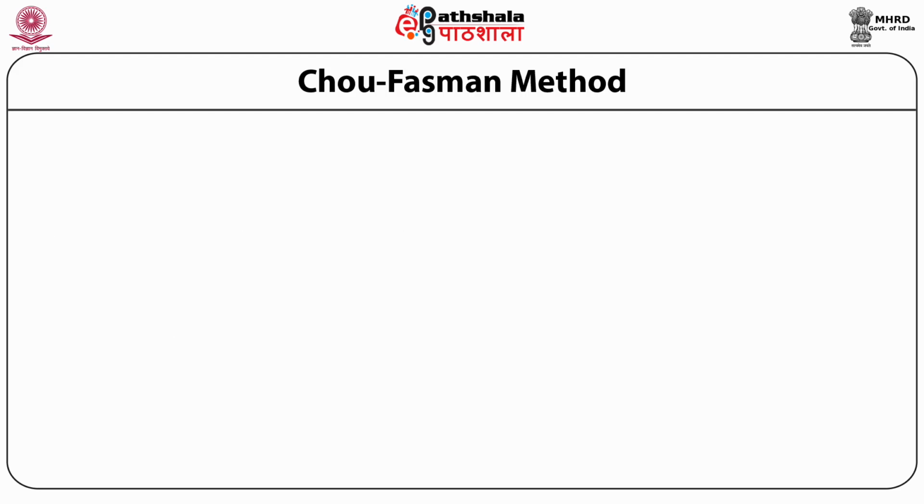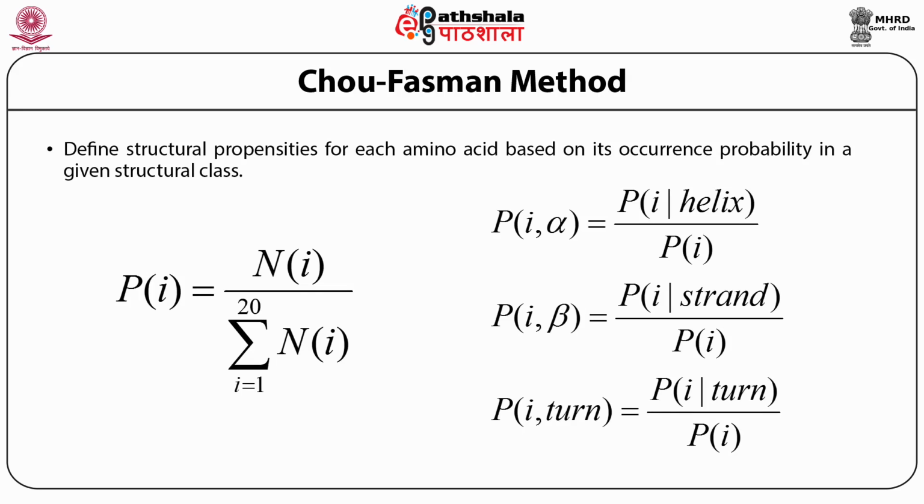Essentially the method is like this: one first defines certain propensities for each amino acid to pick up a particular secondary structure. Say, for example, a propensity for the alpha helix.